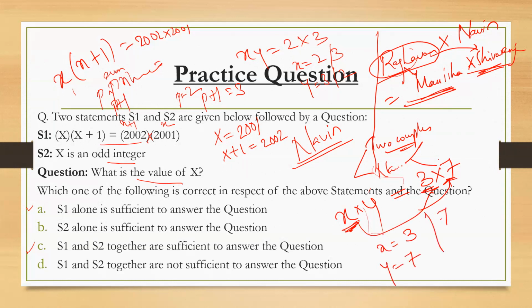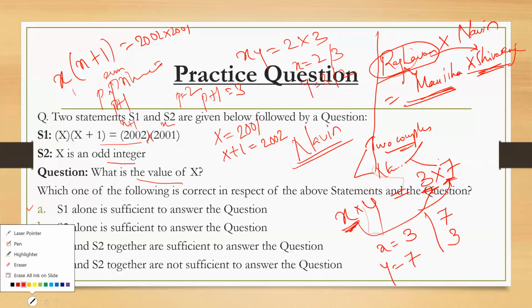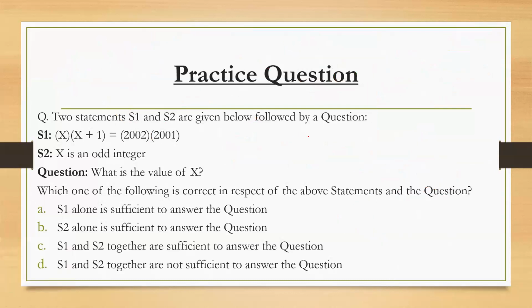If x is 7, y is 3. Okay? The same way, now I am taking another example. I am saying x into x plus 1 is equal to 3 into 4. What does this mean now? It means x is 3 and x is, there is only two possibilities.